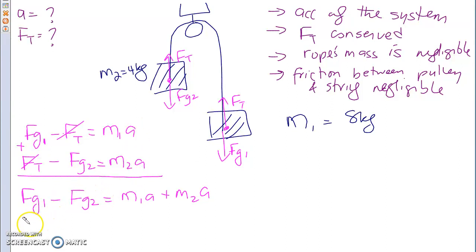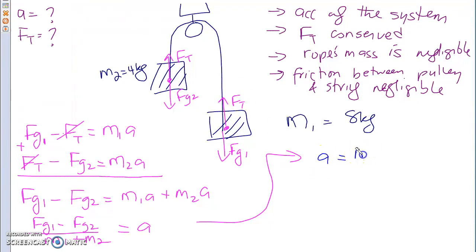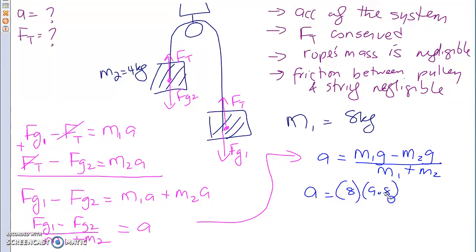So Fg1 minus Fg2 divided by m1 plus m2 gives you acceleration. That will be a equals mass 1 times gravity minus mass 2 times gravity, divided by mass 1 plus mass 2. Mass 1 is 8 times 9.8 minus 4 times 9.8, divided by 8 plus 4.